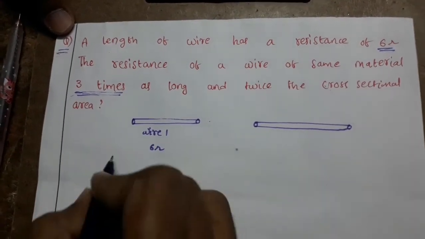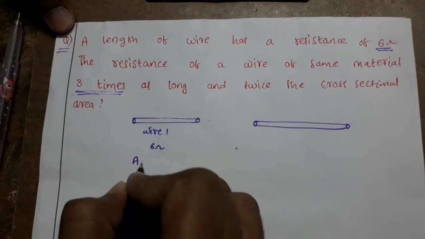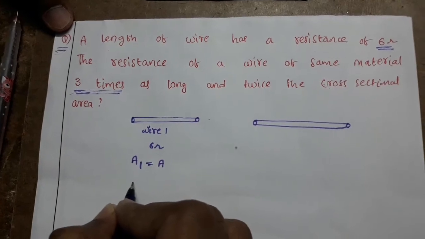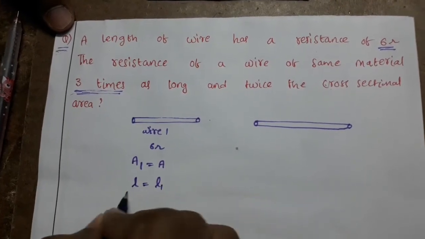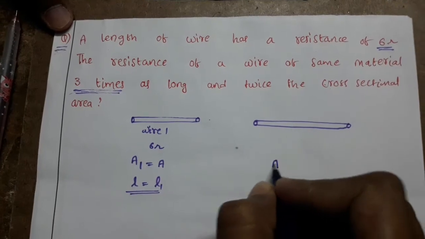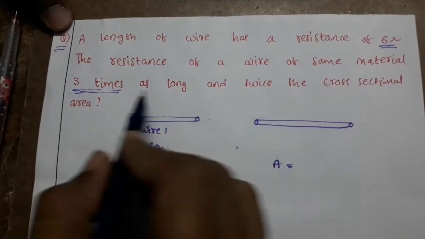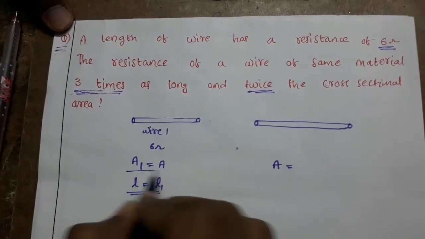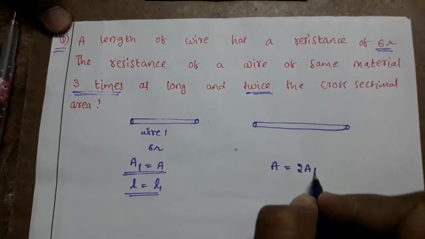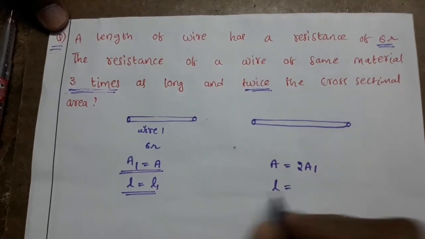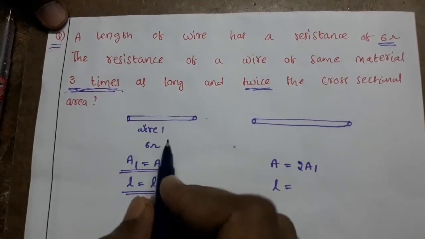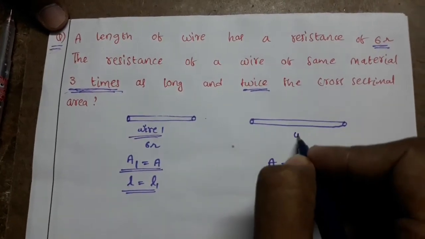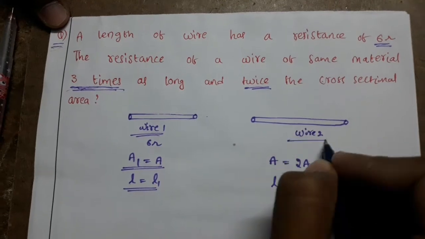I am taking the first wire's area as A1 and length as L1. The area of the second wire is 2 times the area of the first wire, therefore 2 times A1. The length of the second wire is 3 times the length of the first wire, therefore 3 times L1. So, we have to find the resistance of wire 2.